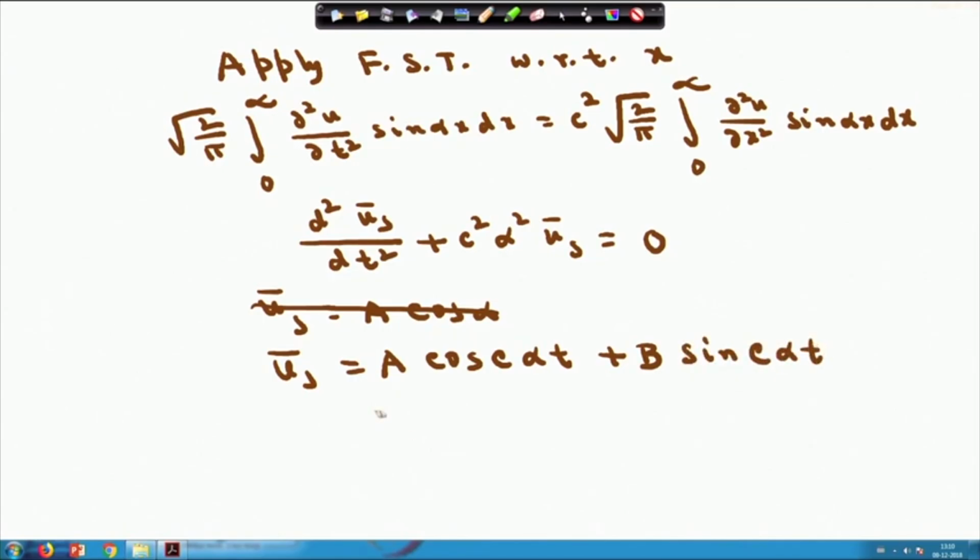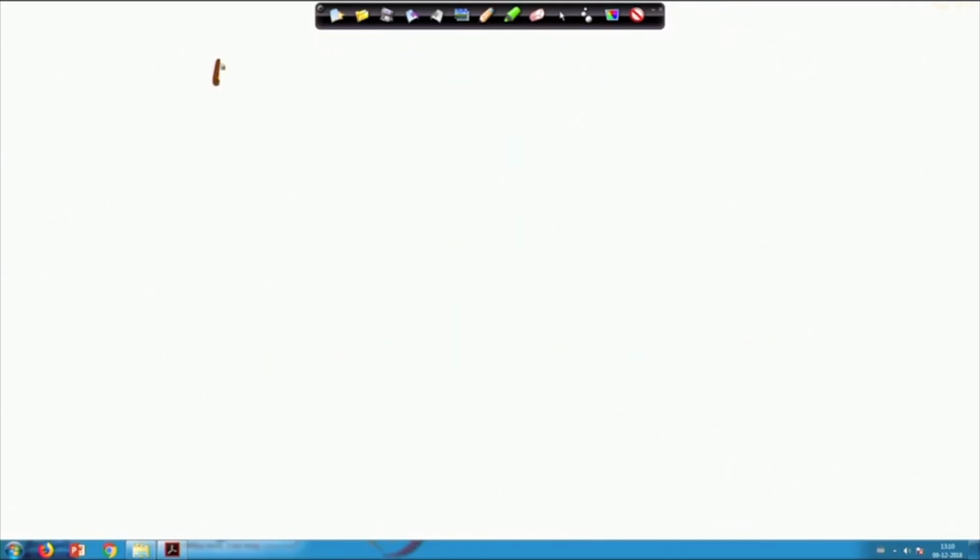Now, I have to find out the values of a and b. So, at t equals 0, let me go to the next page. At t equals 0, your u bar s equals a.